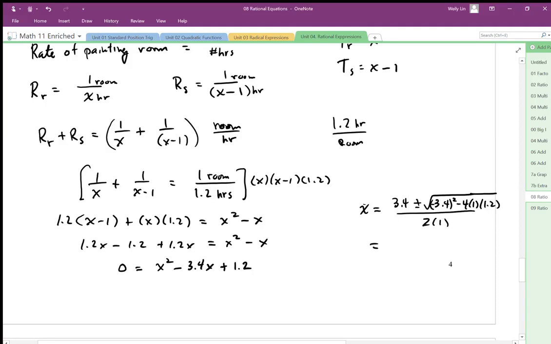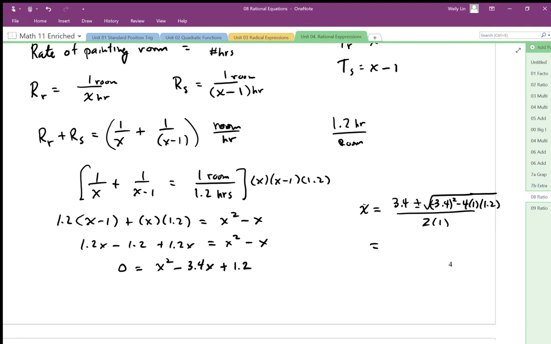I need my calculator for this one. So 3.4 plus the square root of negative 3.4 squared minus 4 times 1.2, all divided by 2.